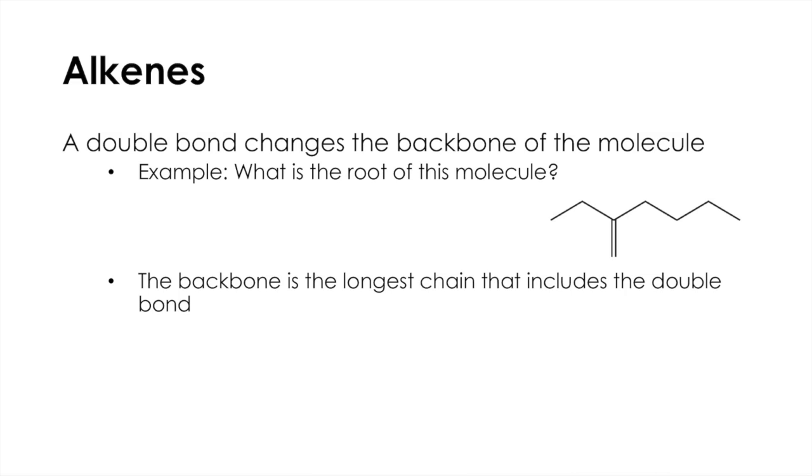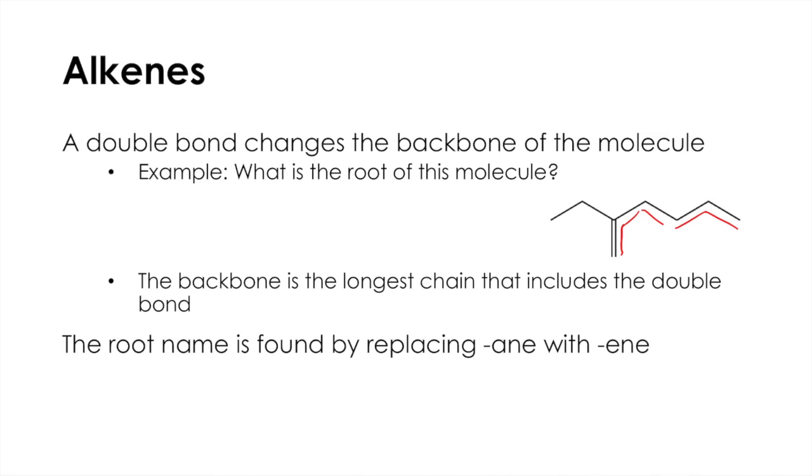So with a double bond, the backbone is always the longest chain that includes the double bond. So that means that it's no longer the horizontal chain. We have to make sure we include the double bond there. So that means the root is going to be derived from this backbone, including the double bond. And then the name is just found by replacing ane with ene.